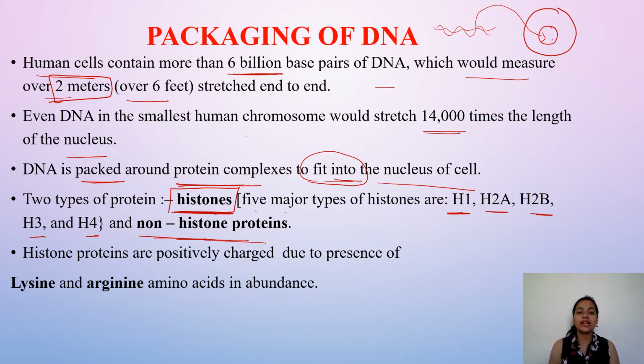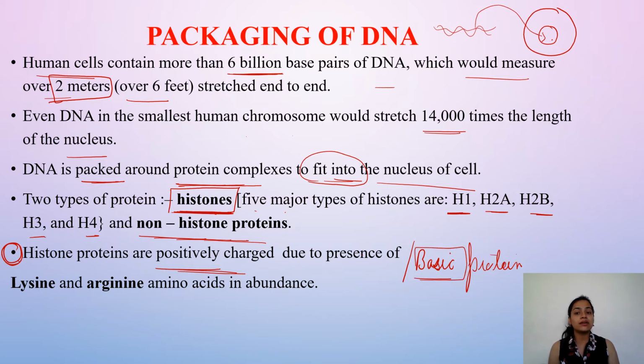Another important thing that we need to note is that histones are positively charged. In the books it is written that histones are basic proteins. Now why the term basic, or why are they so positively charged? Because we all know that the building blocks of proteins are amino acids.